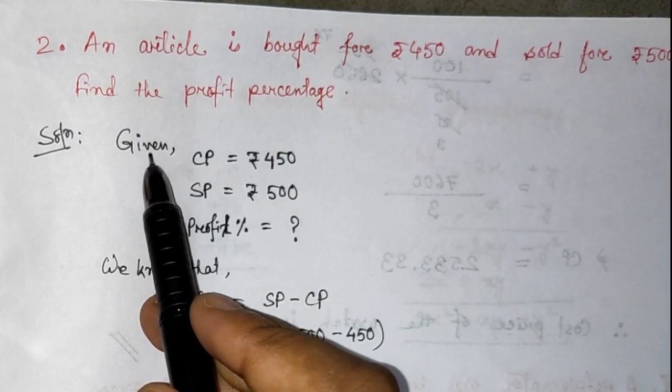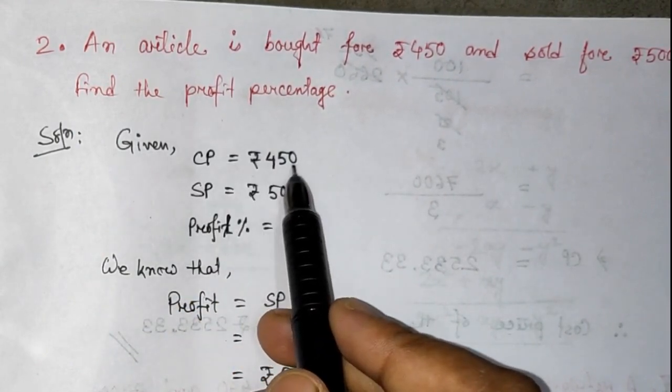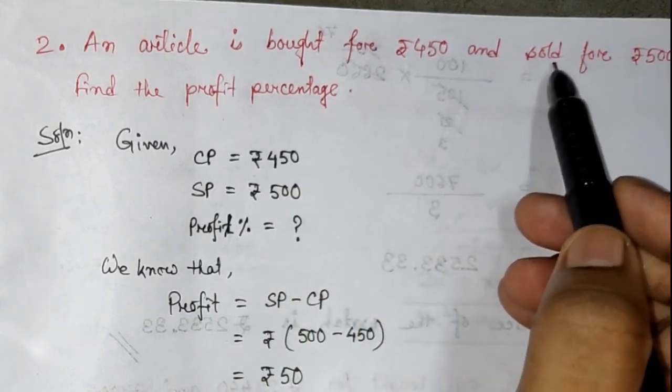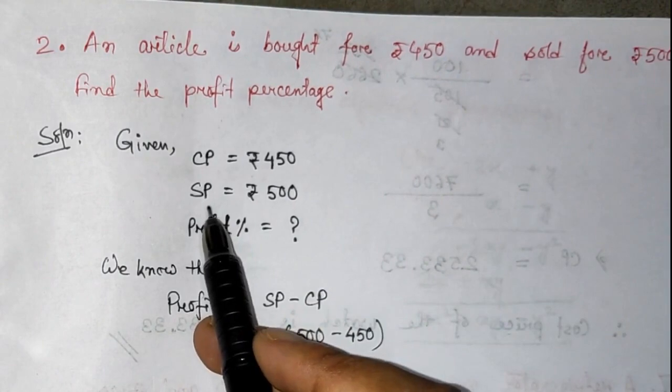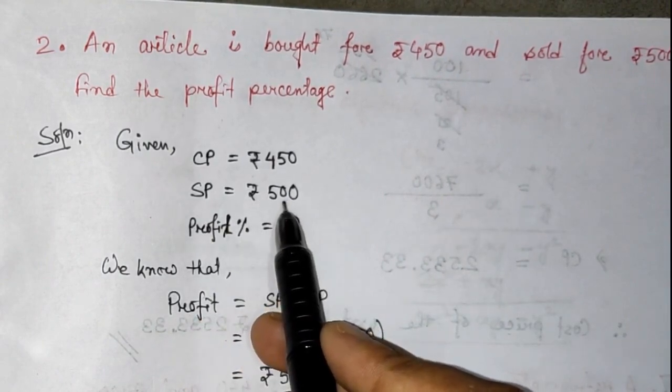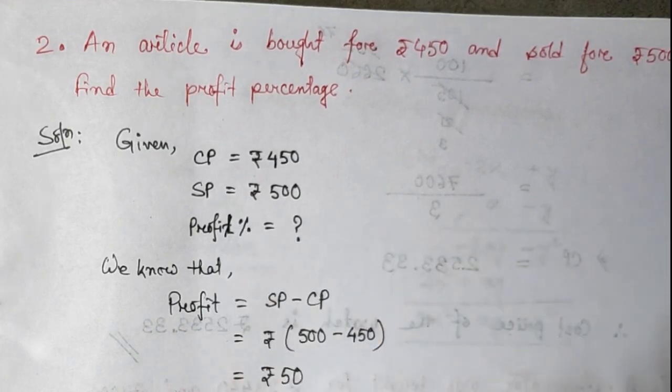So in the solution, write given CP, that means cost price, equal to rupees 450, and sold for, that means selling price, SP equal to rupees 500.